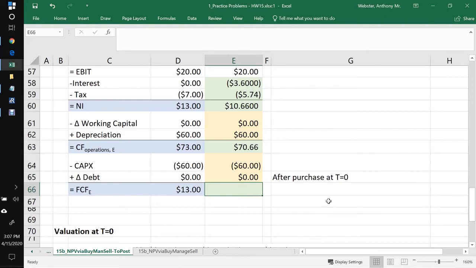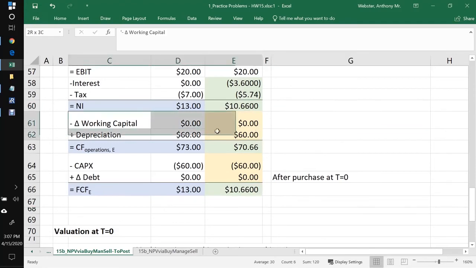So what's our free cash flow to owners? It's our net income minus this plus that minus that plus that, and when you add it all up, you will agree with me that if it's a steady state firm, the free cash flow to owners is really just the net income.